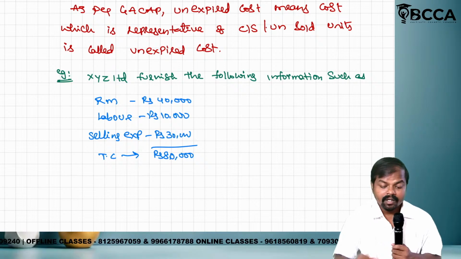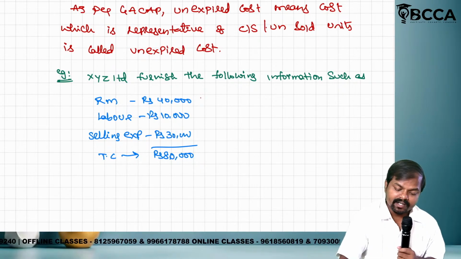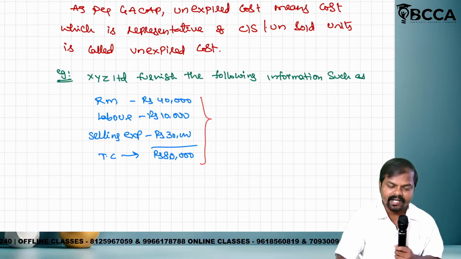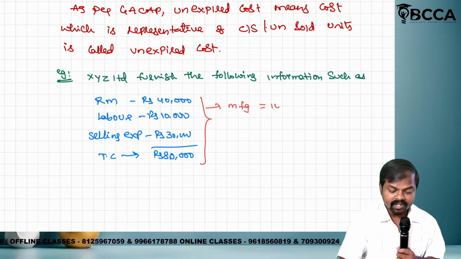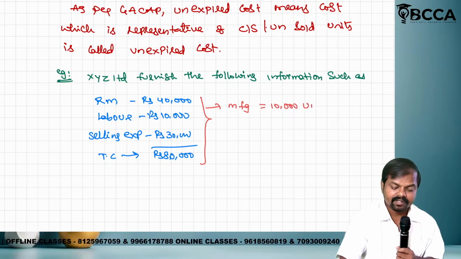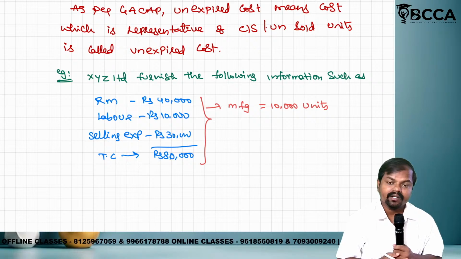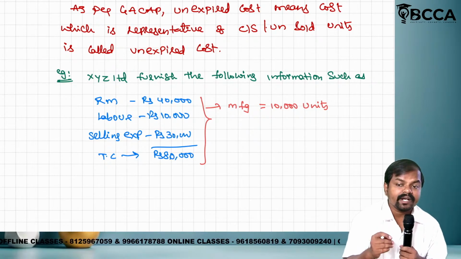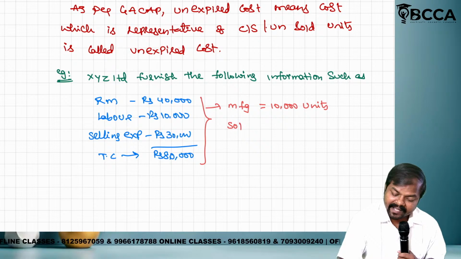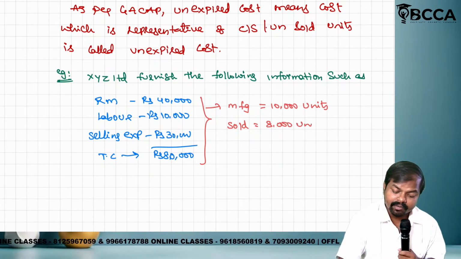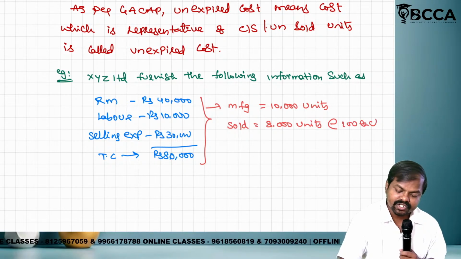Correct? On the basis of 80,000, they manufactured 10,000 units. Out of those manufactured, they sold 8,000 units for rupees 100 each.